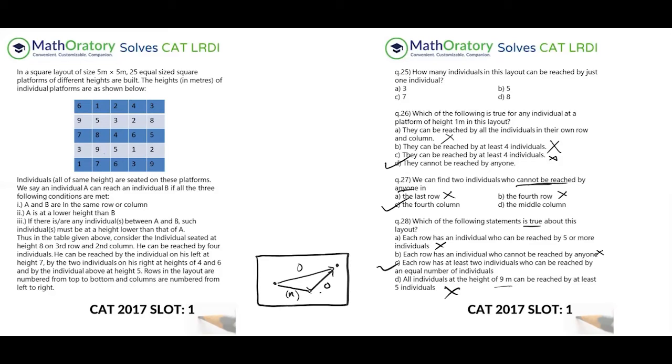For this question, I need to redraw this. So let me quickly draw this now. Now we need the individuals reached by exactly one individual.